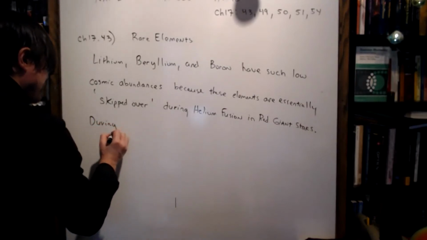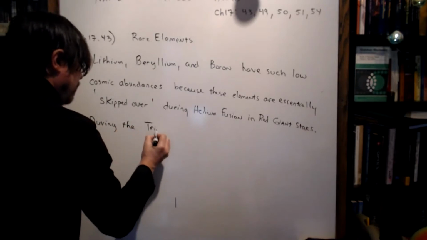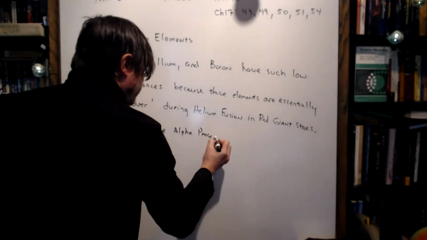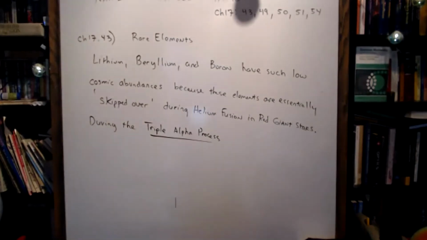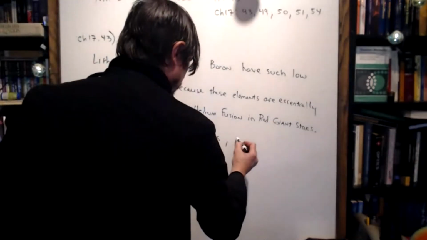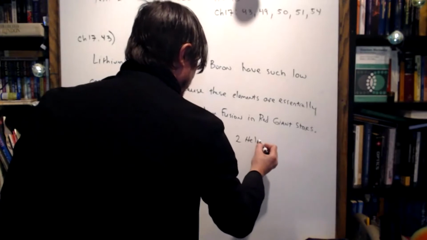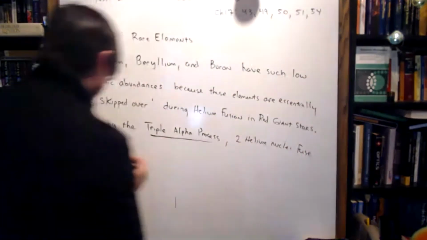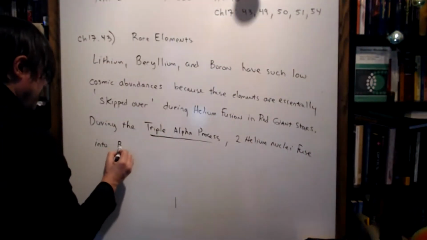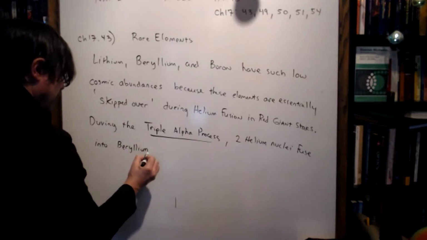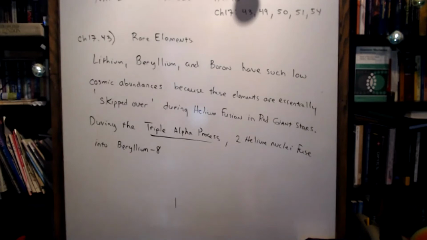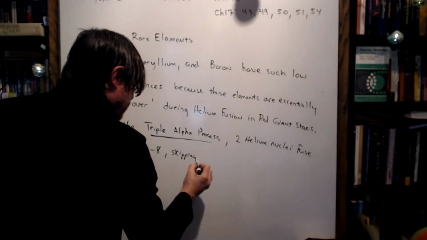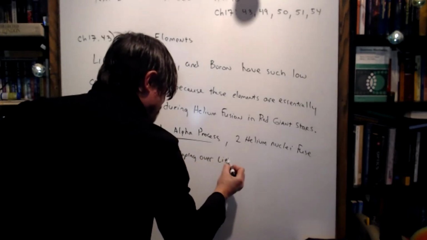During the triple alpha process, which is what this question is really about, during the triple alpha process, two helium nuclei fuse into beryllium-8, skipping over lithium.